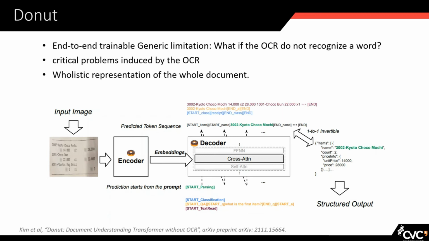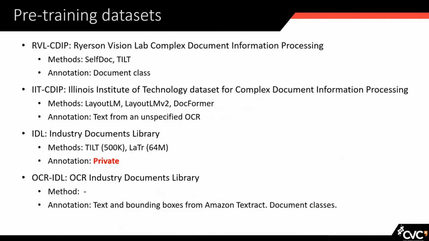Here they don't use OCR per se, so we can say that they are learning to read also. They model the whole input just from the visual entities. So that's all up to the models.